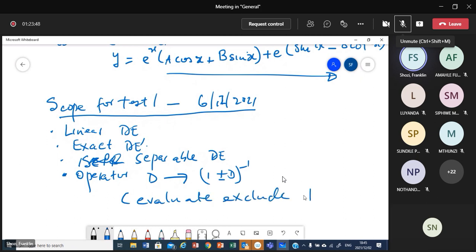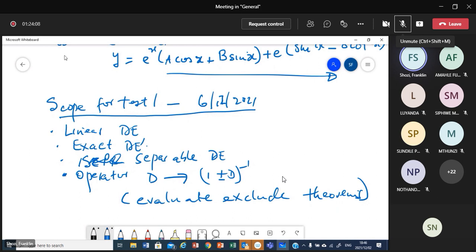Exclude theorems. So the scope for test 1 will be on linear differential equation, exact differential equation, separable DEs, and then just at the beginning of operator D, how to expand, how to evaluate, how to do this and that.